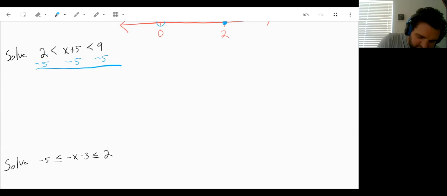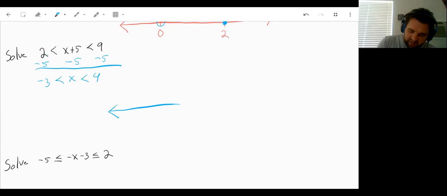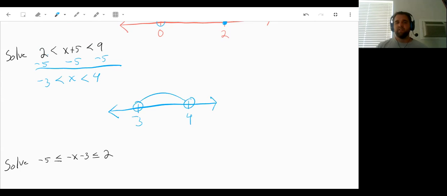Well, 2 minus 5 gives us -3, is less than x is less than 4. Well, that's easy enough. We can graph that. So we'll go from -3 to 4. We'll have an open circle at each and connect the dots. And that's what our answer can look like.